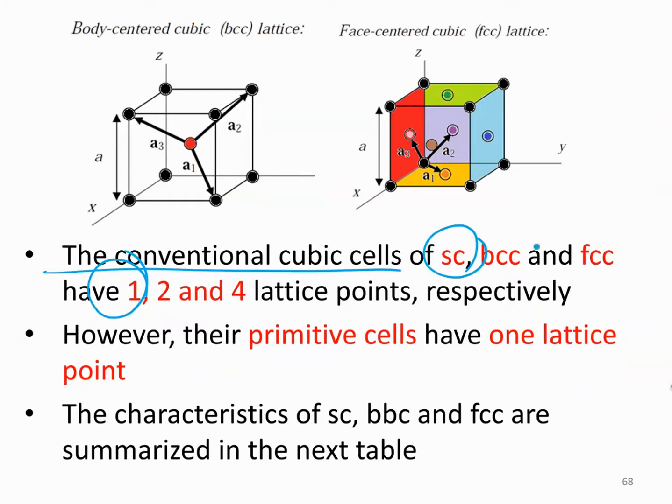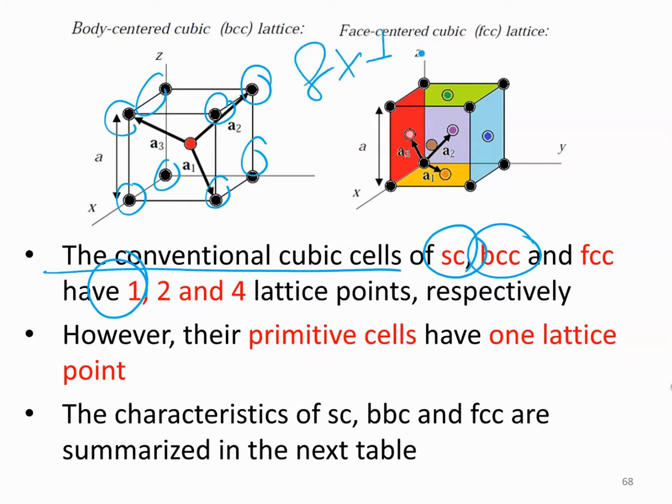How about body-centered cubic? This is the structure for body-centered cubic. All the corner lattice points only contribute 1/8, and there are 8 corner lattice points, so 8 times 1/8 equals 1.